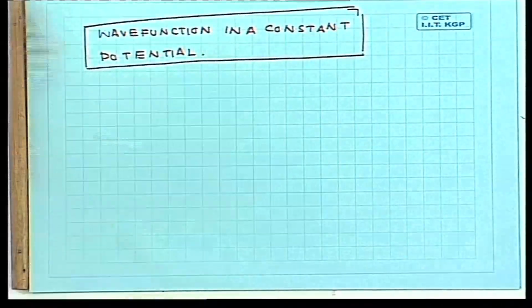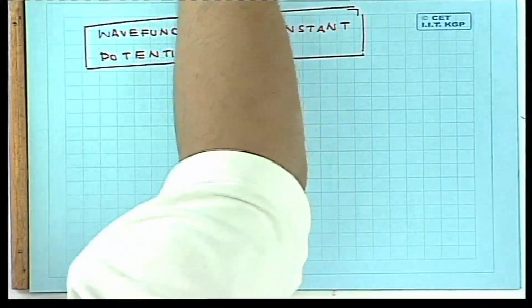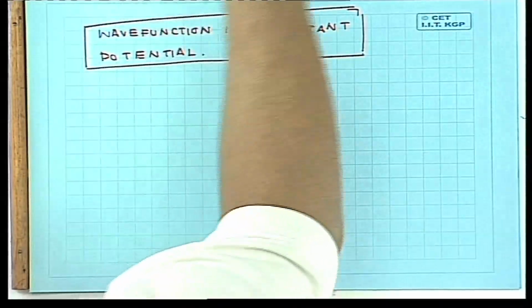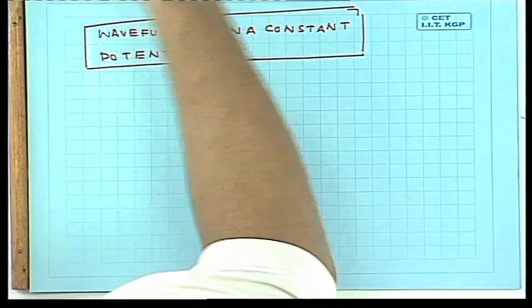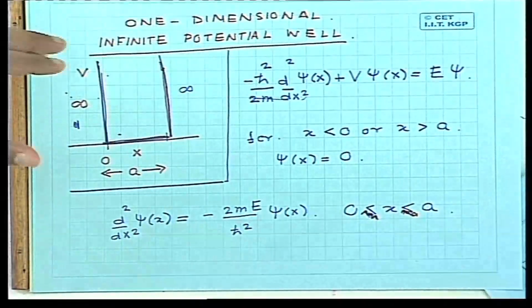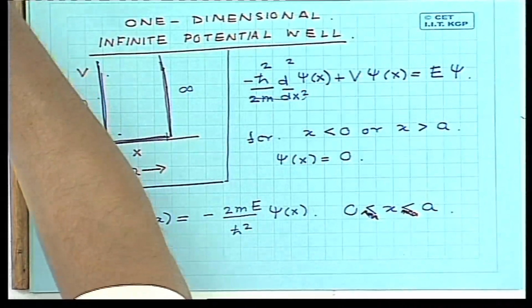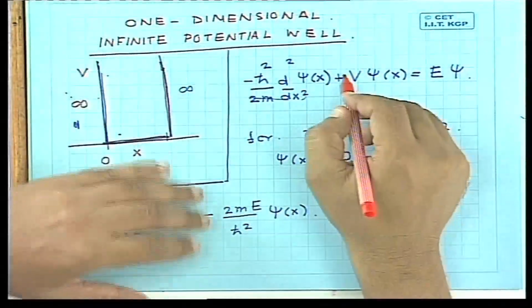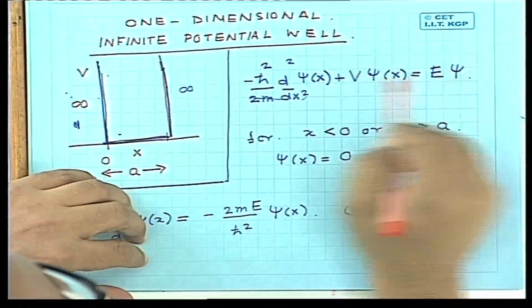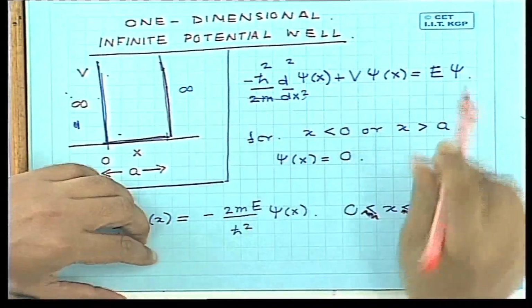So in a constant potential, the Schrodinger equation is very simple. Let us just look at the Schrodinger equation once, and then we can write it down directly. So this is the Schrodinger equation. V is a constant, so we can take V onto that side, take all these factors onto the right hand side, take the minus sign over there.